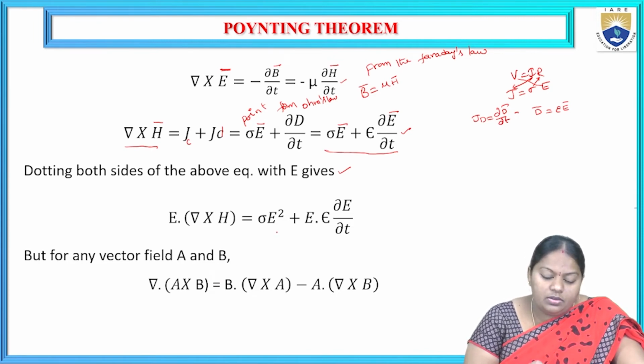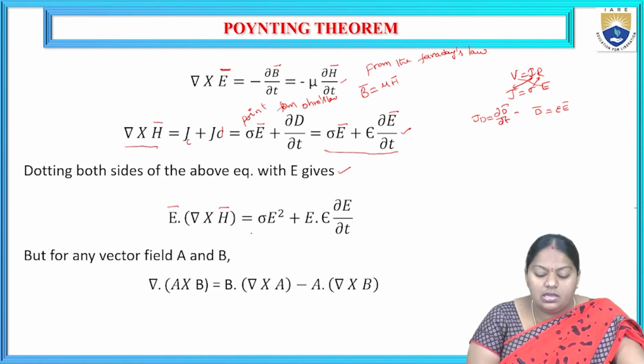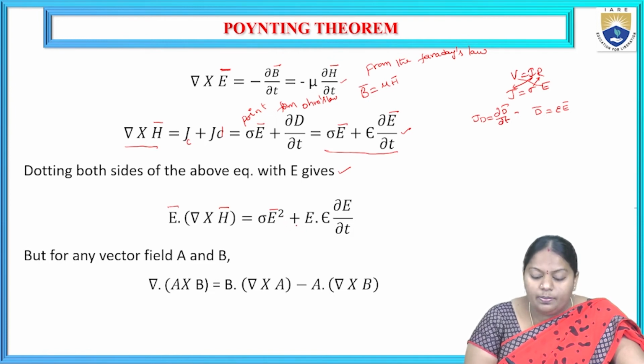Now if we apply the dot product with E to the above equation, it gives us E dot del cross H bar. Already del cross H bar is there, we are considering dotting with E. Hence this equation becomes E bar dot del cross H bar is equal to sigma E bar square plus E dot epsilon dou E bar by dou t.